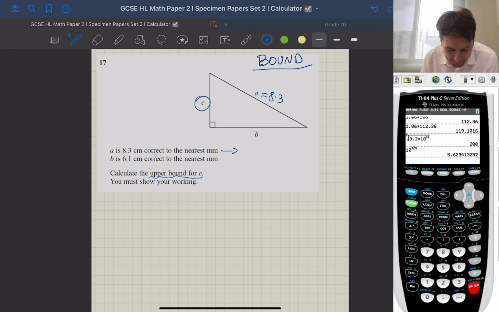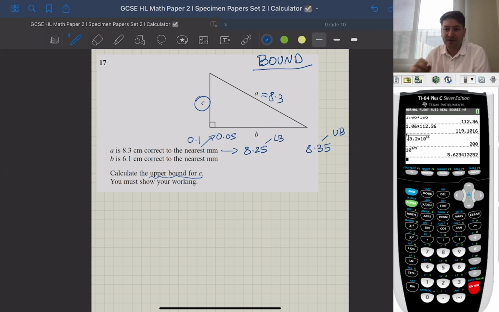Well, if it's the nearest millimeter, half of it would be 0.05. All you have to do is subtract that value and add that value. So you will get 8.25 and you will get 8.35. Now what I've done here, this is your lower bound, this is your upper bound.